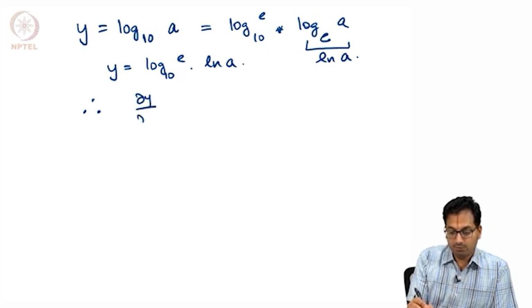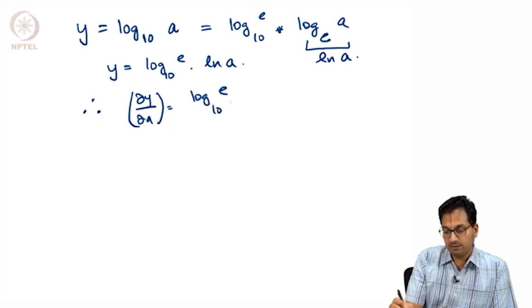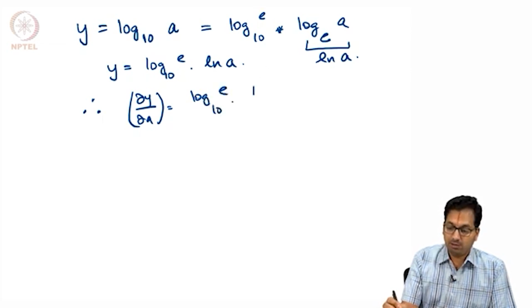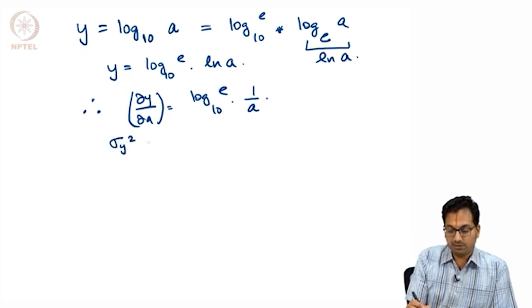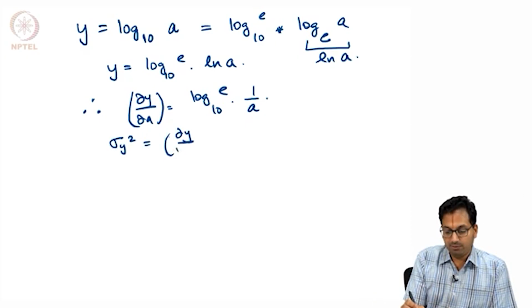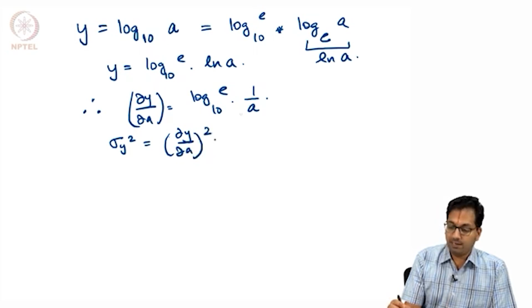Therefore, dou y by dou a is going to be given by this constant, log e to the base 10, times 1 over a. Alright, so now therefore sigma y square is dou y by dou a the whole square times sigma a square.